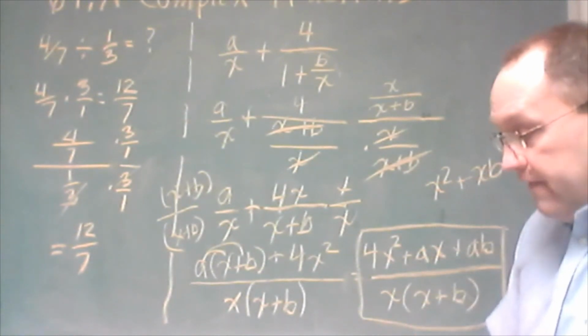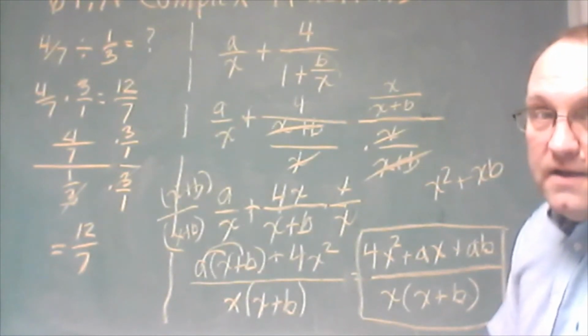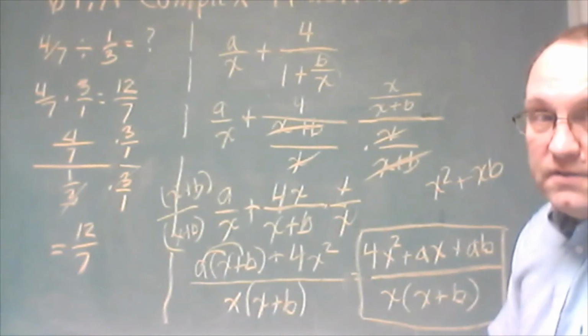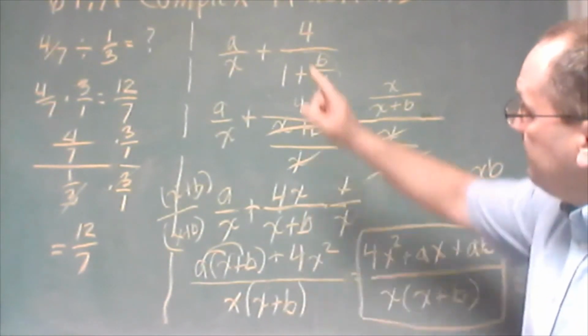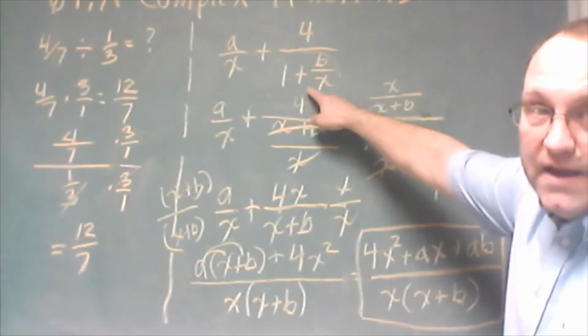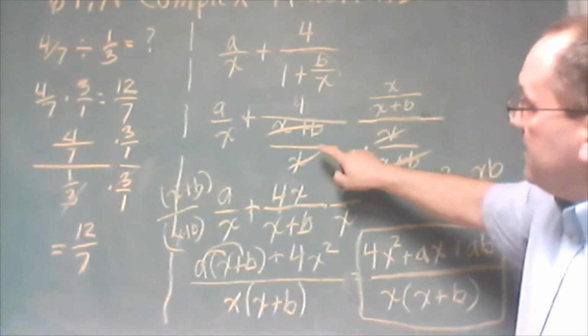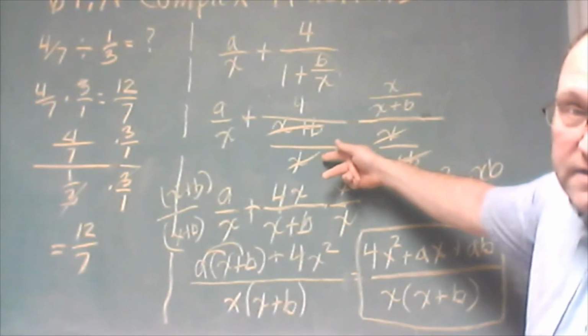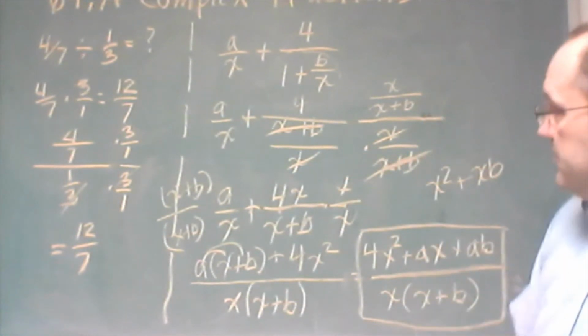for simplifying complex fractions with numbers and variables combined. So again, gravitate toward the most complicated area, simplify that area first. Okay, get rid of the fraction in the denominator by multiplying by the reciprocal.